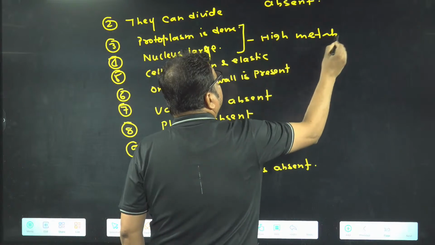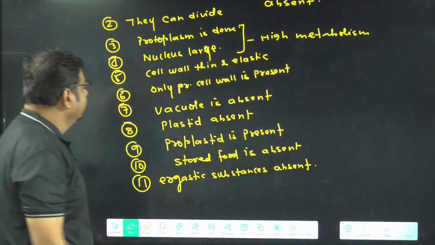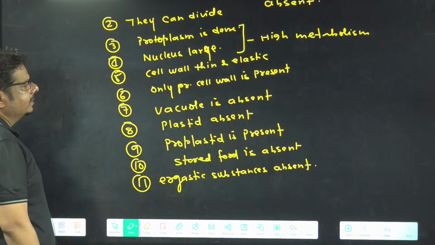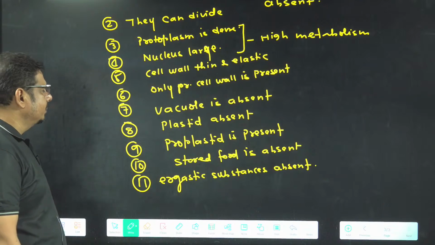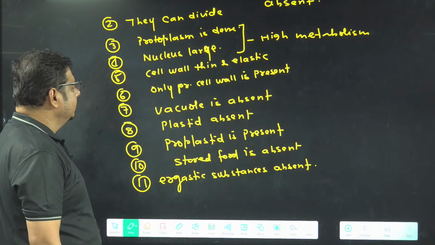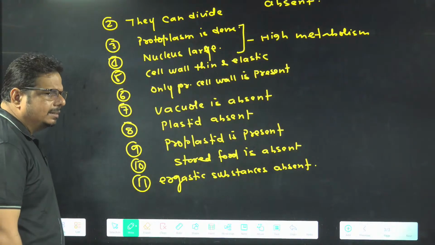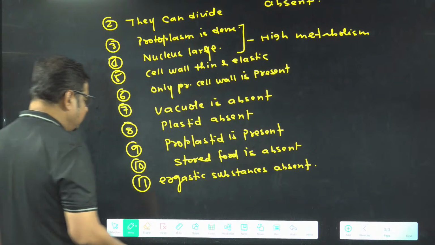High metabolism is there because cells are continuously dividing. Cell wall is thin and elastic. Only primary cell wall is present, secondary cell wall is absent. Right, vacuole is absent, plastid is absent, proplastid is present, stored food is absent, ergastic substances are absent.